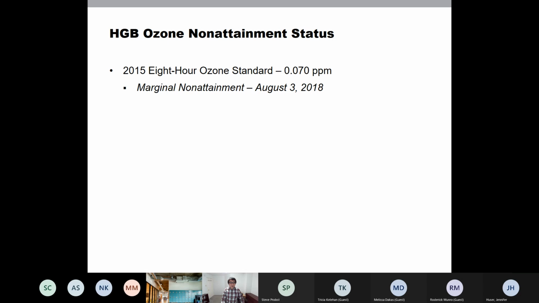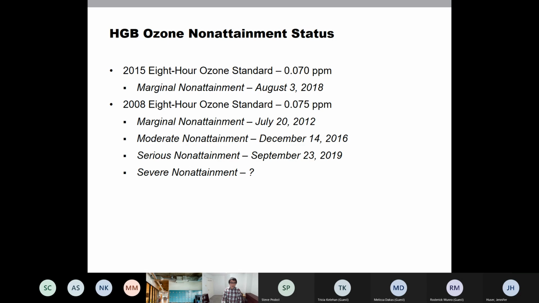For the 2015 standard, the newest 8-hour ozone standard, Houston was declared marginal non-attainment as of August 3rd, 2018. The more problematic standard is the 2008 standard, for which we were declared serious as of September 23rd, 2019.